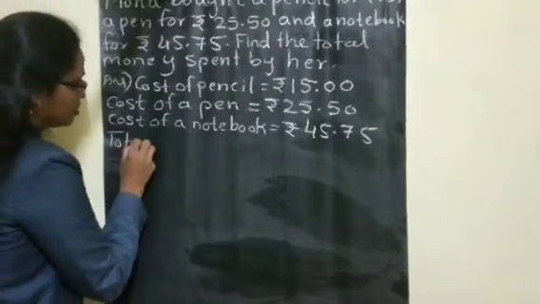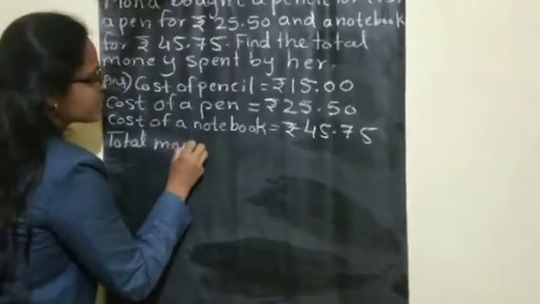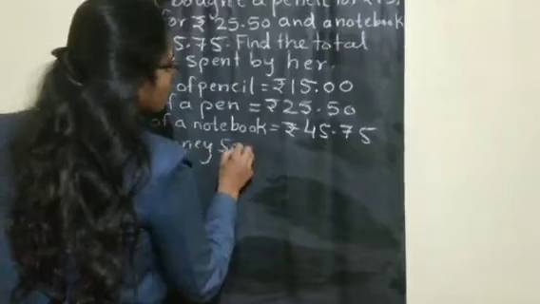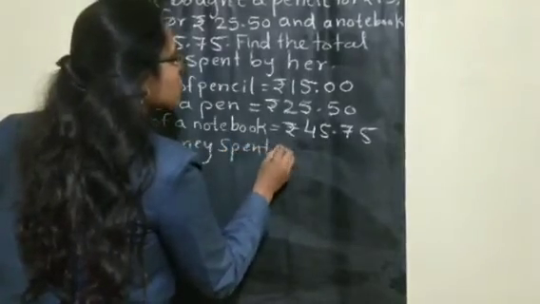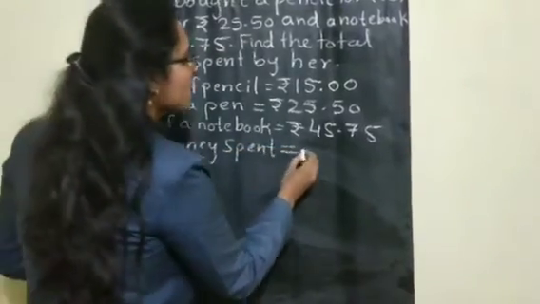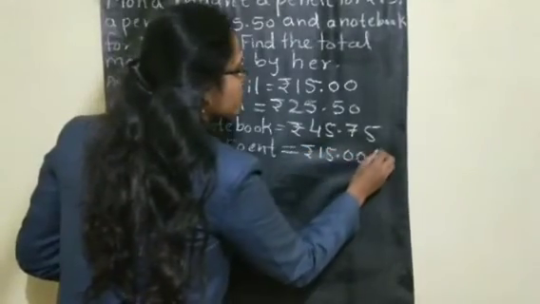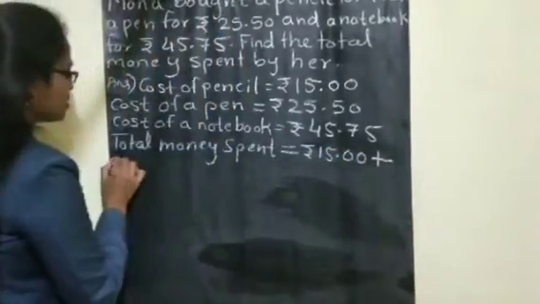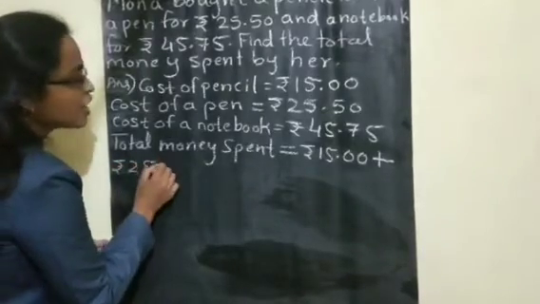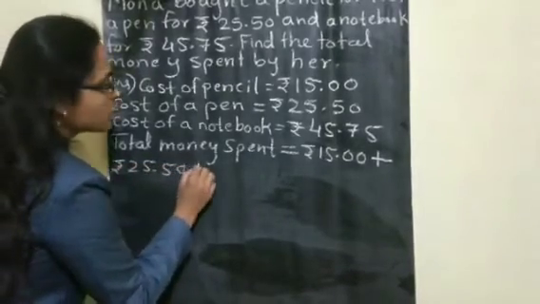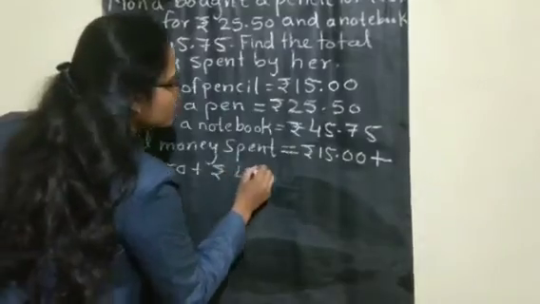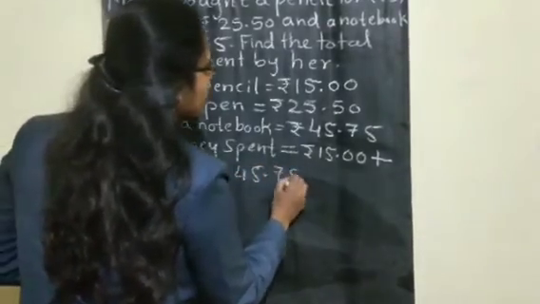Total money spent. So how much money is spent in total? Let us see now. Rupees 15.00 plus rupees 25.50 plus rupees 45.75.